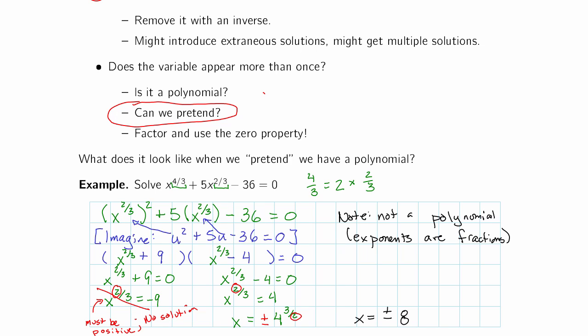So we got two solutions. We could potentially have gotten as many as 4 solutions if we hadn't had to throw this one away. Here we happened to get 2 solutions, and to do that we just had to pretend that we had a quadratic. Let's see another way that we can pretend that we have a polynomial.